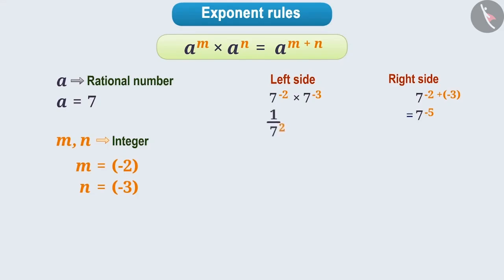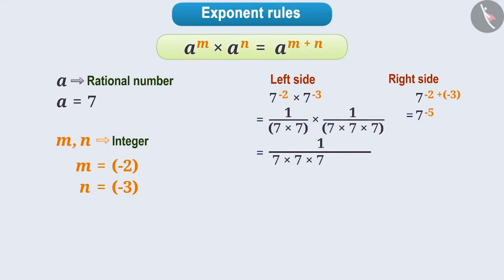We can write 7 to the power minus 2 as 1 upon 7 to the power 2, that is 1 upon 7 into 7. Similarly, 7 to the power minus 3 can be written as 1 upon 7 into 7 into 7. We can express the multiplication of these two numbers as 1 upon 7 into 7 into 7 into 7 into 7.